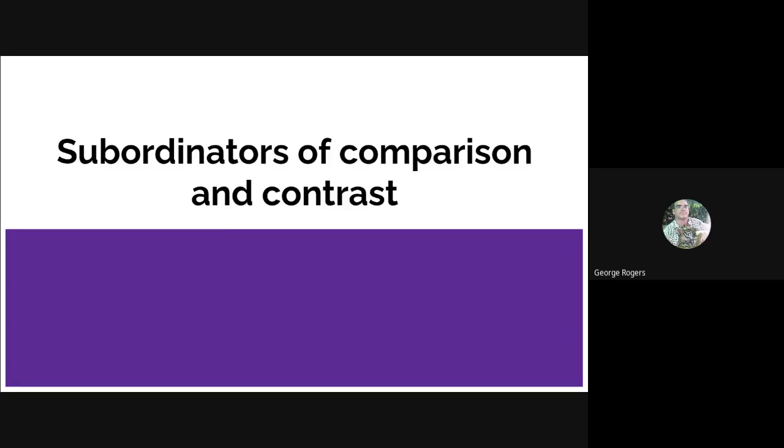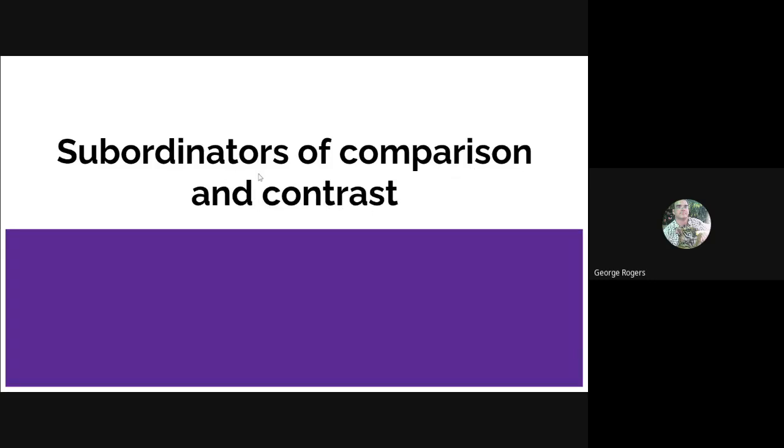Or it can be one sentence and use a semicolon, then the transition, then a comma. Subordinators are always one sentence, never two. So again, we're doing comparison and contrast. Again, how are things the same?